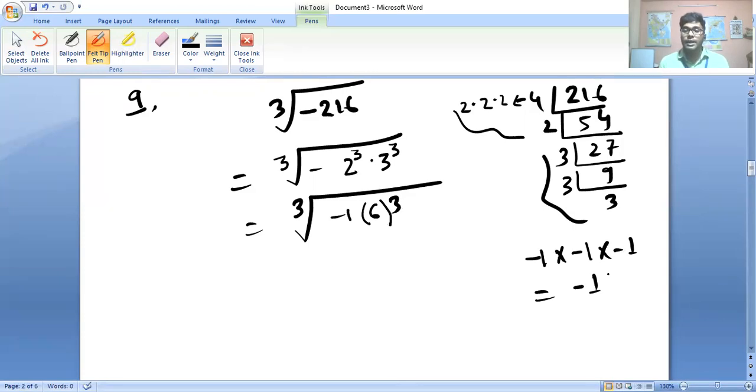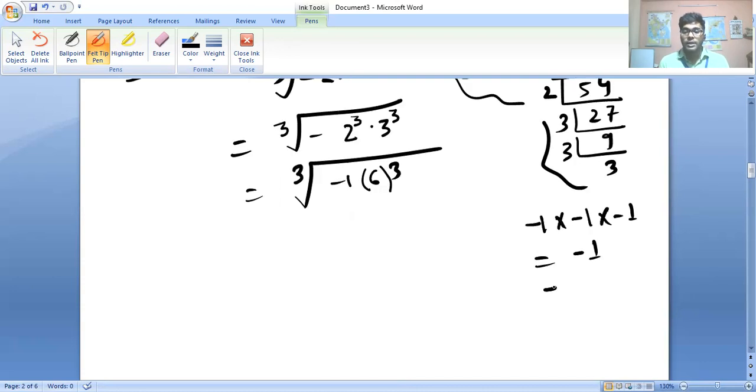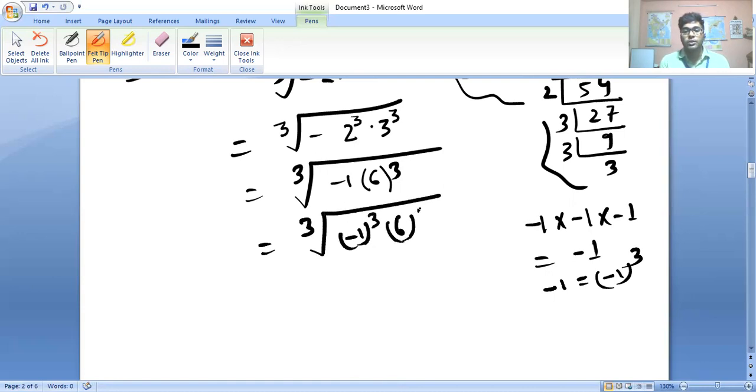So minus 1 can be written as minus 1 whole cube. So here, this minus 1, we are writing as minus 1 whole cube, and here 6 whole cube. So together they will make what?